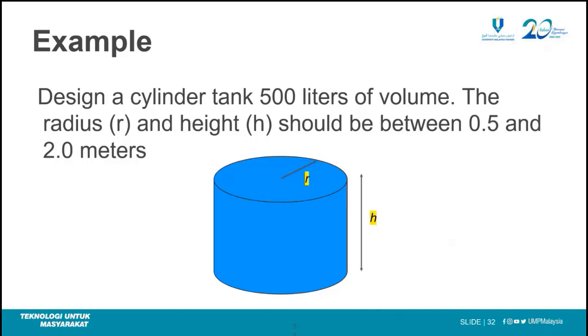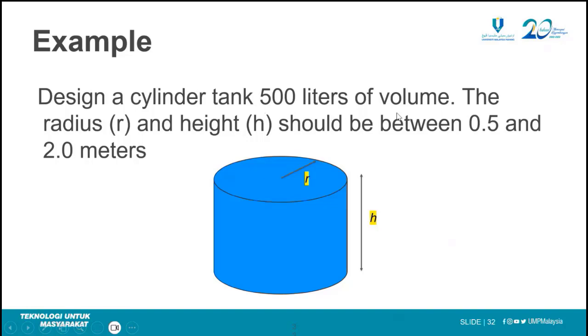Actually, for this problem, if we just directly calculate, we can basically solve it. For example, if we just make the radius constant, let's say 0.5, then automatically we can calculate the required height to get the required volume.